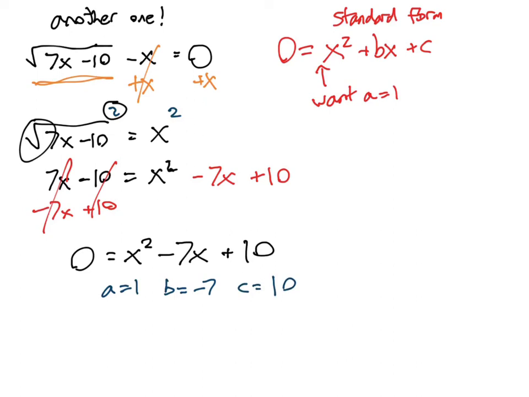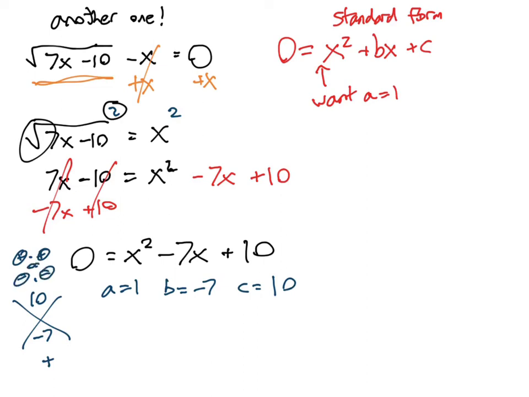So our puzzle is to find the two numbers that will multiply together to equal c, positive 10, and add together to equal b, negative 7. To multiply two things and get a positive number, we could multiply a positive times a positive or a negative times a negative.